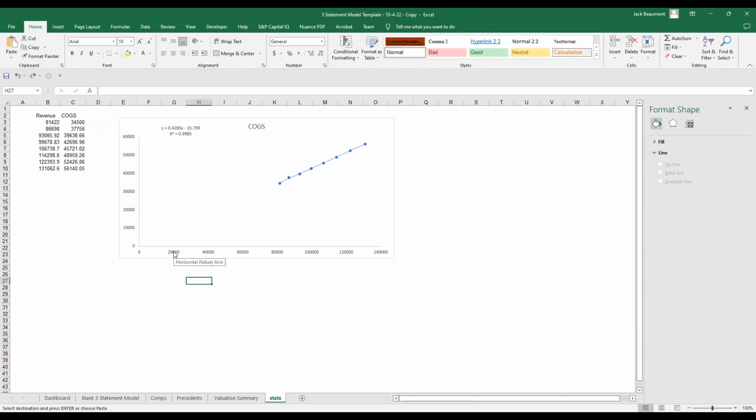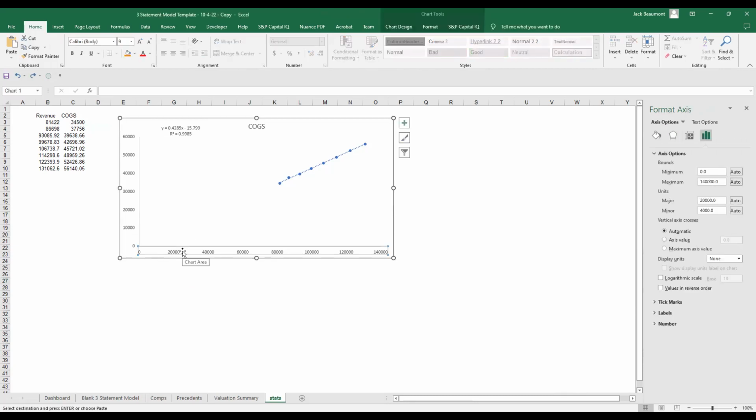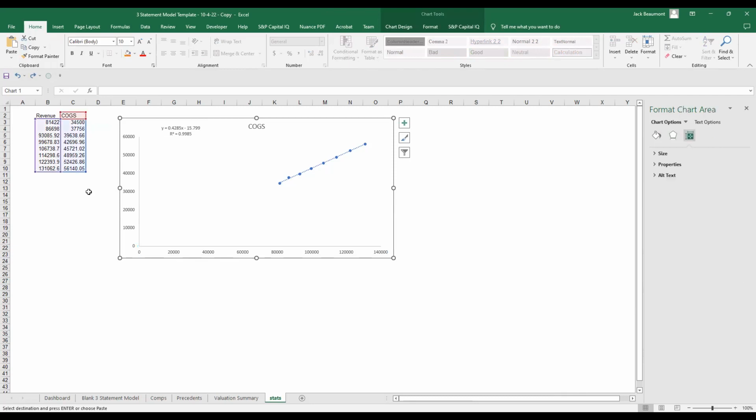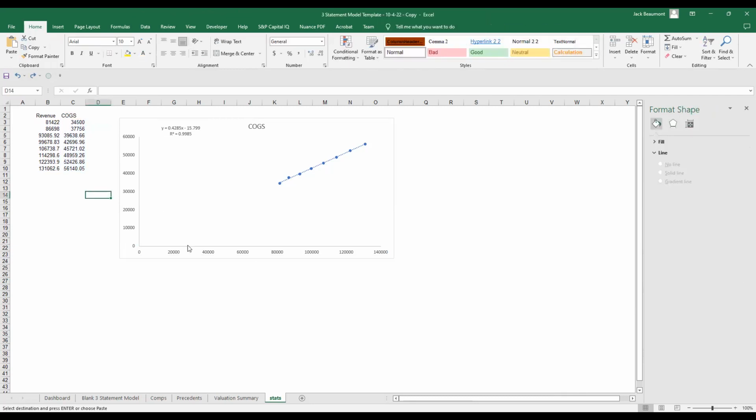So I'll try to explain this in a very simple manner: we're changing revenue, and we're trying to test to see how cost of goods sold responds to a change in revenue. So our independent variable is the variable that is changing and influencing the dependent variable.